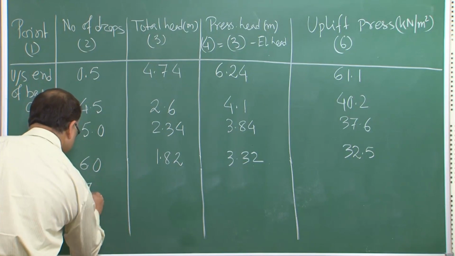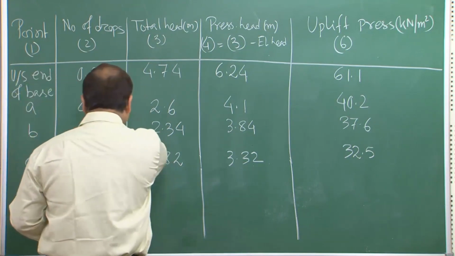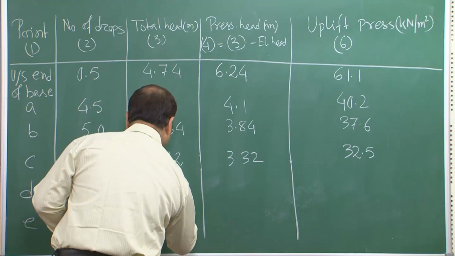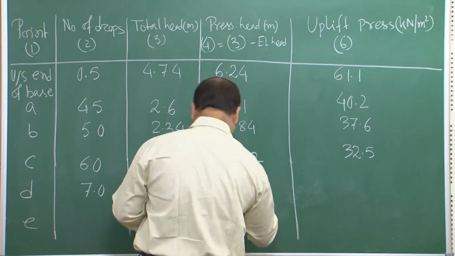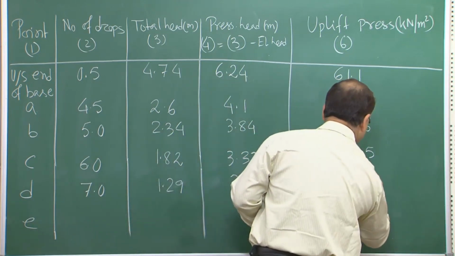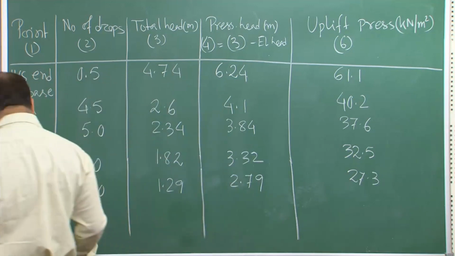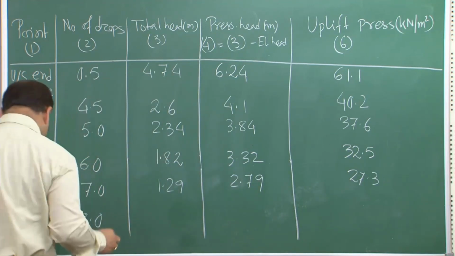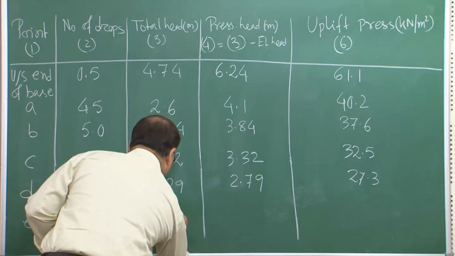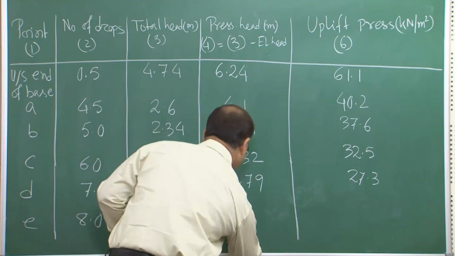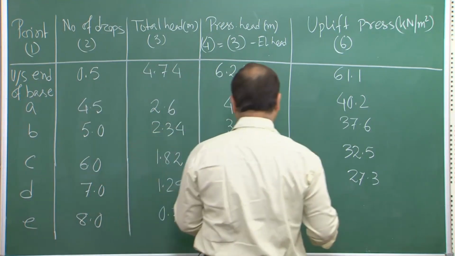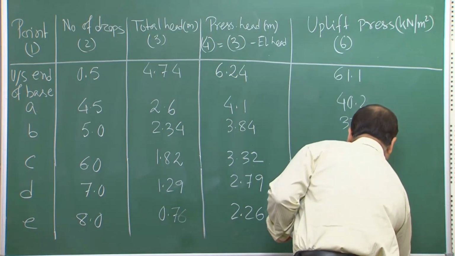Similarly, for point D, 7, 1.29, 2.79, and 27.3 is your uplift pressure. Similarly, for point E, 8, then 0.76 is your total head and the pressure head is 2.26 and this is your 22.1.